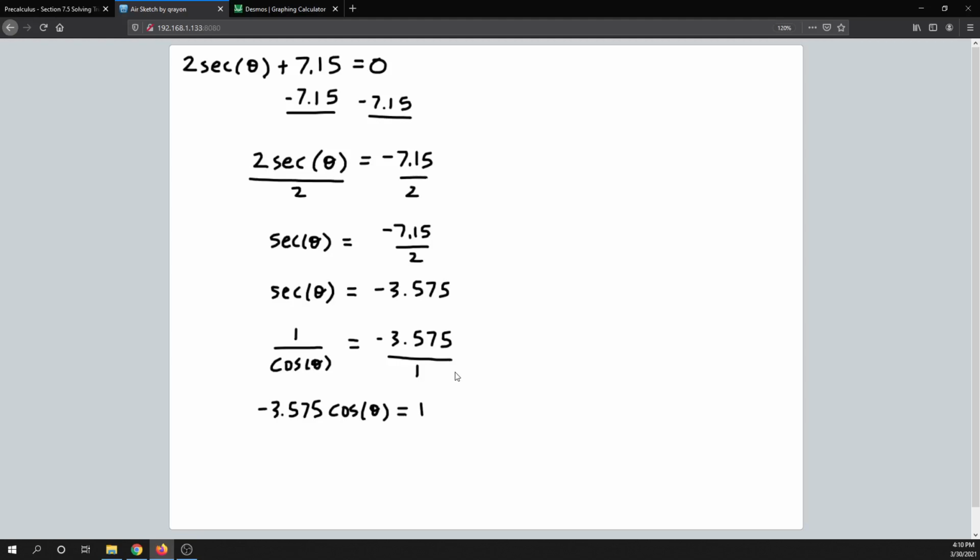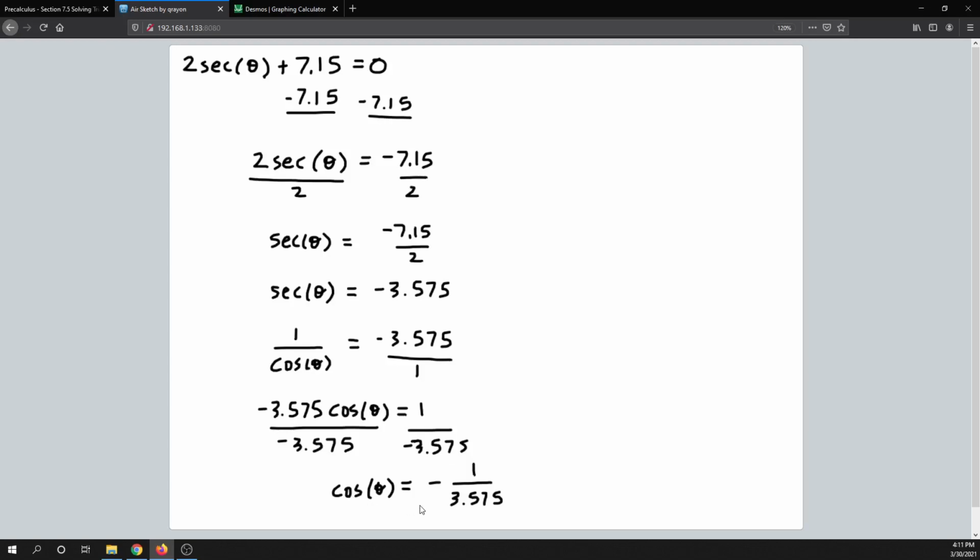Then I can get the cosine by itself on one side by dividing both sides by negative 3.575, like so. So I get cosine theta equals negative 1 over 3.575. All right, so now we have this trigonometric equation solved for cosine theta, by itself on one side.